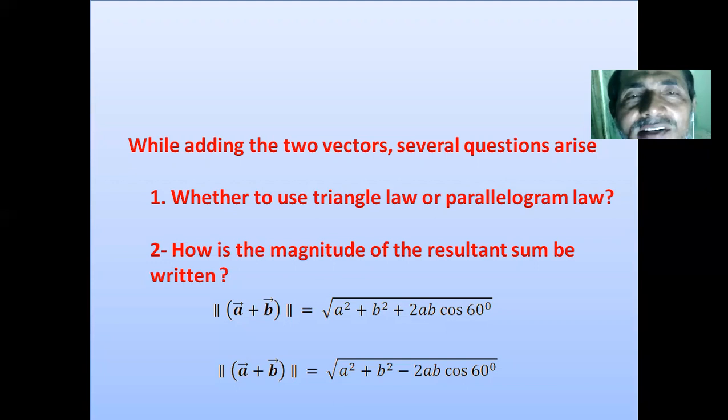So students are generally confused whether the symbol plus is to be used or the symbol minus, and under what situation plus is used and under which situation minus is used. All these things will be discussed in detail, and in this session I will try to clarify all these difficulties.